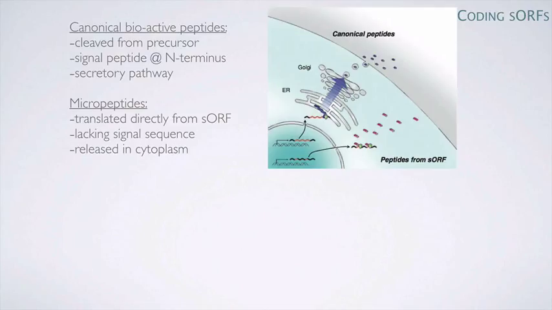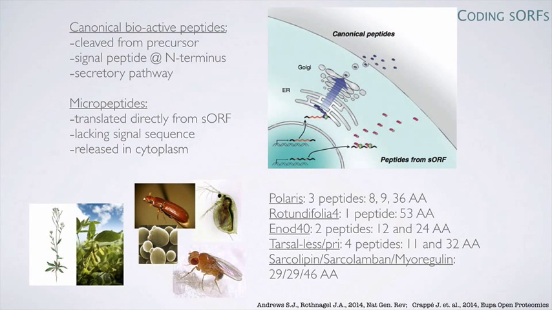Whereas the canonical bioactive peptides are cleaved from larger precursors, mainly having a signal peptide so they go through the secretory pathway, these micropeptides are translated directly from the small open reading frame, and they lack this signal peptide, so they are released in the cytoplasm. That's what people believe.